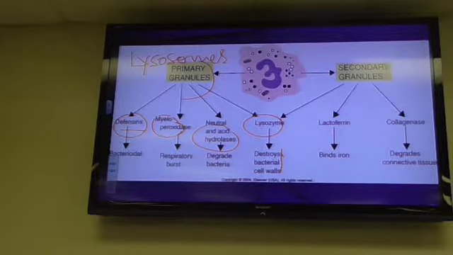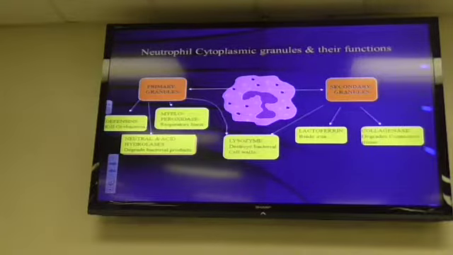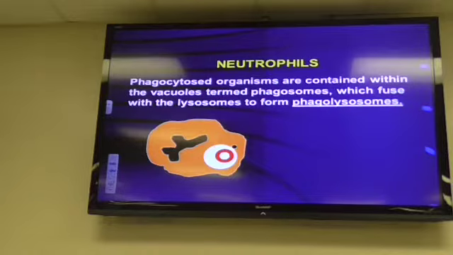Whereas secondary granules have that lysozyme in turn also, but they have that lactoferrin. Lactoferrin, again, is an iron binding protein. It binds to the iron and makes it unavailable for the bacteria. And then there are other enzymes, collagenase, that are also damaging to the bacteria. That's the same slide again, so I will not spend time.